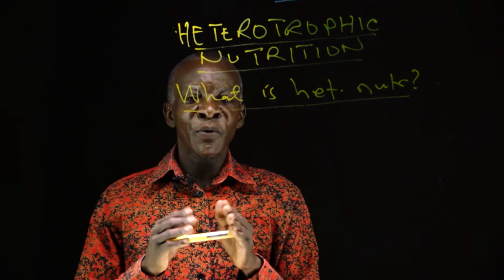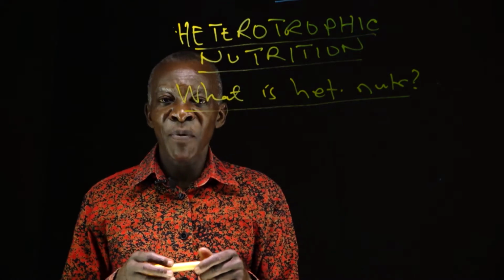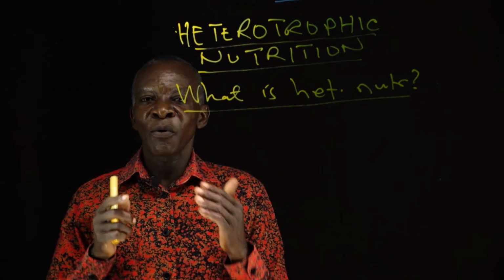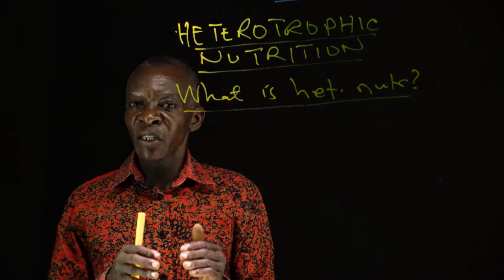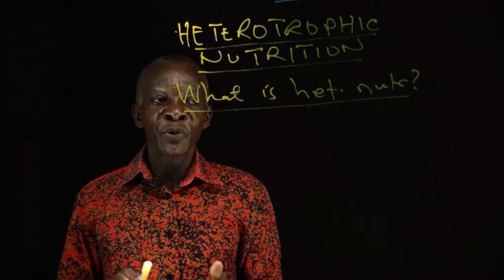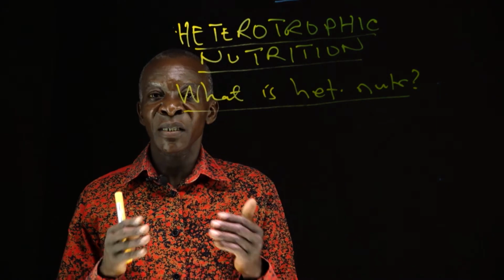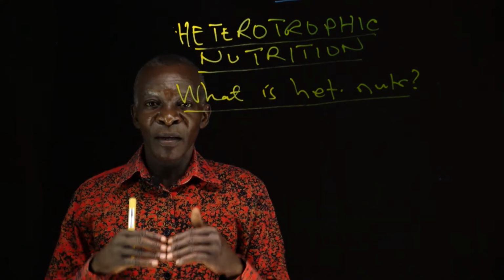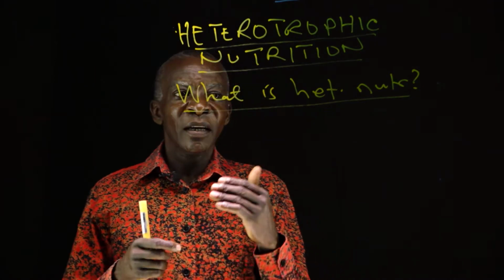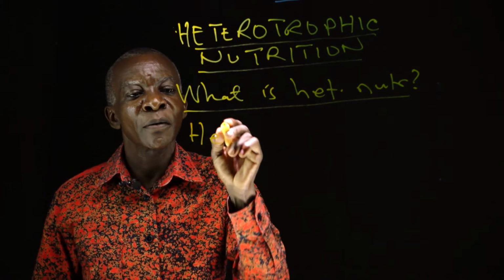Well, heterotrophic nutrition can be defined as a type of nutrition in which those organisms that are unable to manufacture their own food make use of the ready-made food to sustain their needs. And the organisms that feed heterotrophically are called heterotrophs.